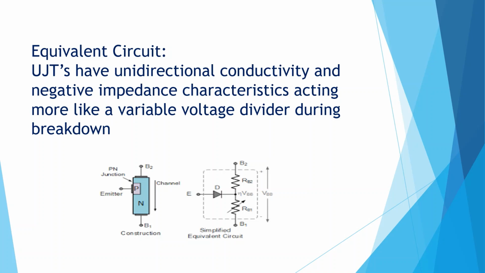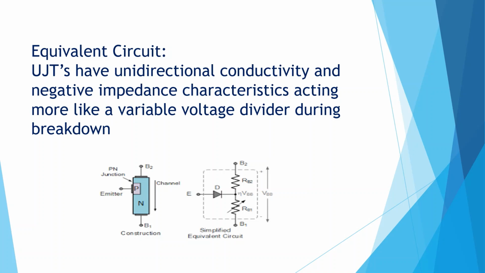That means no potential is applied to the emitter terminal. So from the equivalent circuit, what we can see is that RBB, the total inter-base resistance, is given by RB2, the resistance of base 2 with respect to the emitter, plus RB1, the resistance of base 1 with the emitter.